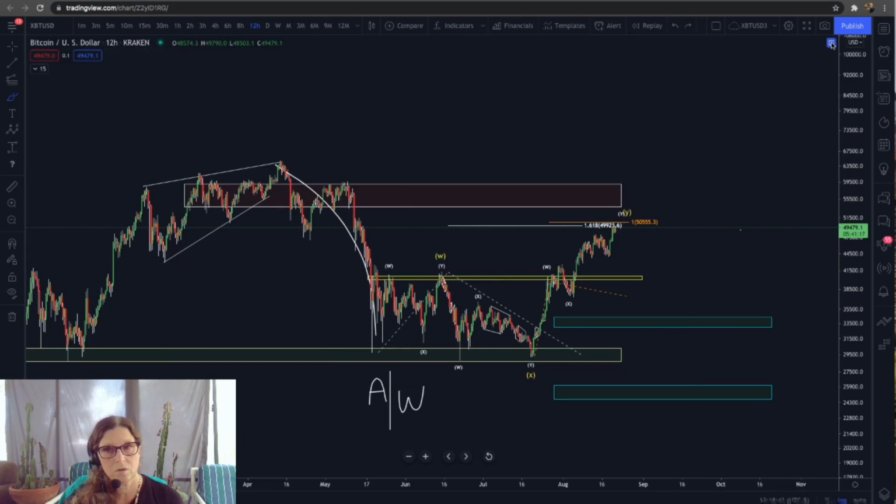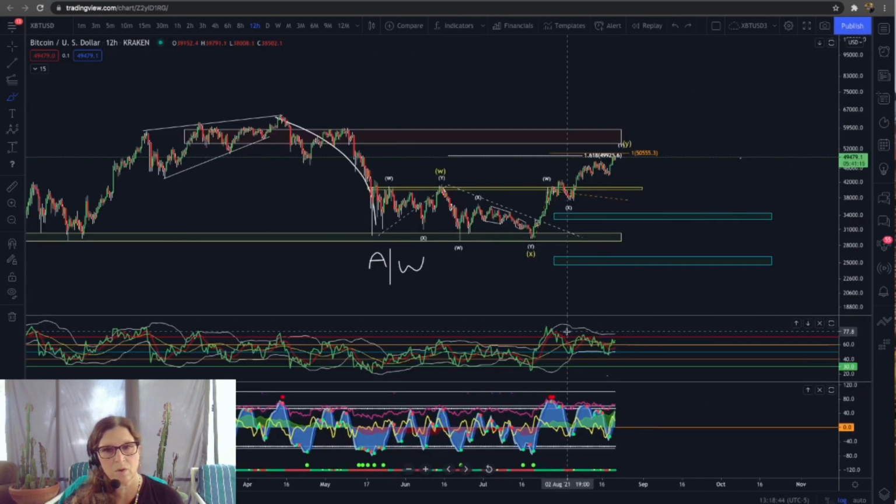So let's take a look at the RSI and what we got going on here. We do have bearish divergence going on here. And each time we're getting rejected lower and lower. So I do feel a correction is coming very close here.